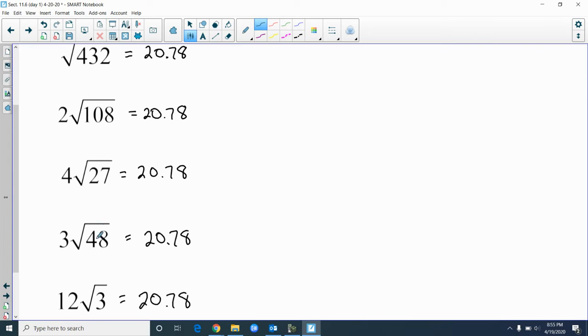All right, here's kind of an issue. These 1, 2, 3, 4, 5 things all equal the same thing. And so theoretically, 5 different people could put down the same answer and they all represent the same thing. Well, this is one of the reasons why we simplify radicals so that everybody comes up with one answer. So if you were given this problem, the final answer should be 12 square root of 3.